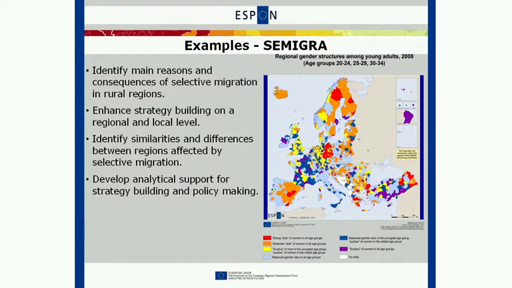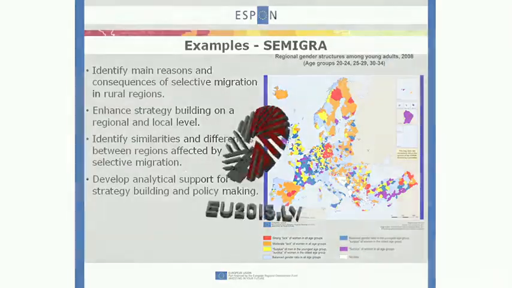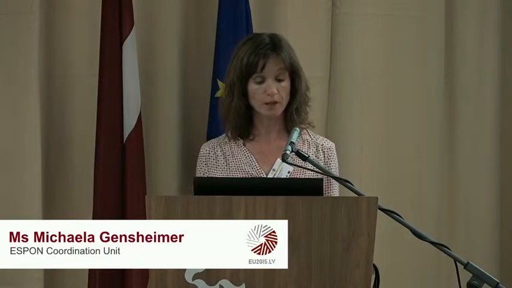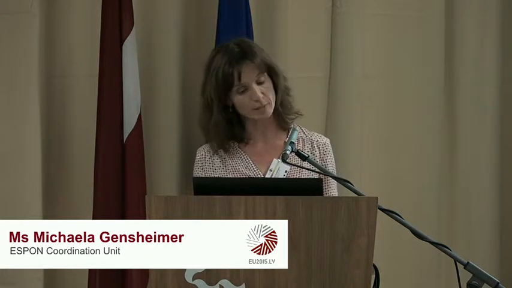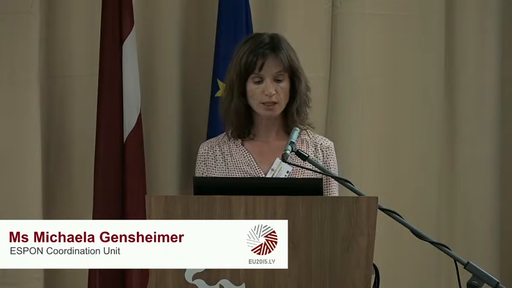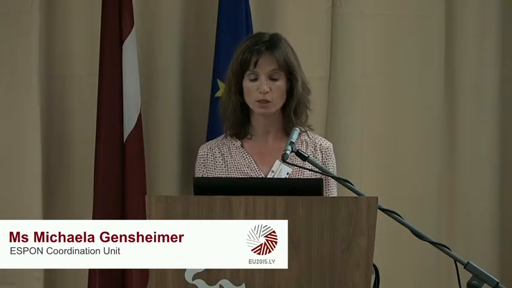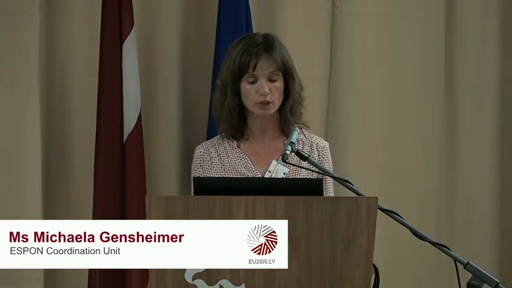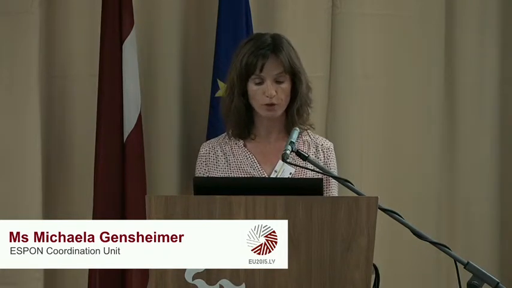And looking at the consequences that then the regions that they leave are struggling with. And they tried to identify similarities among these regions and also differences to see then which kind of strategies could be built to tackle these specific challenges that these regions are trying to cope with.